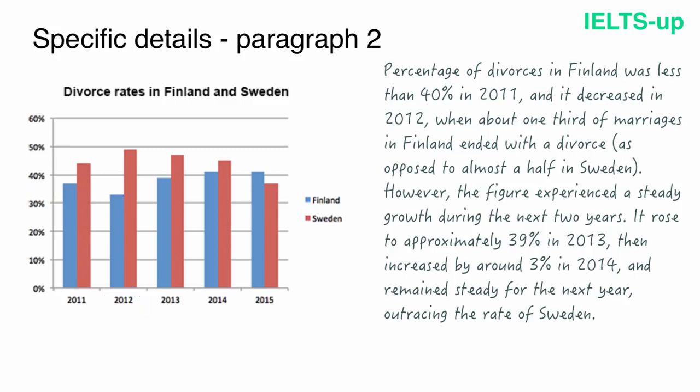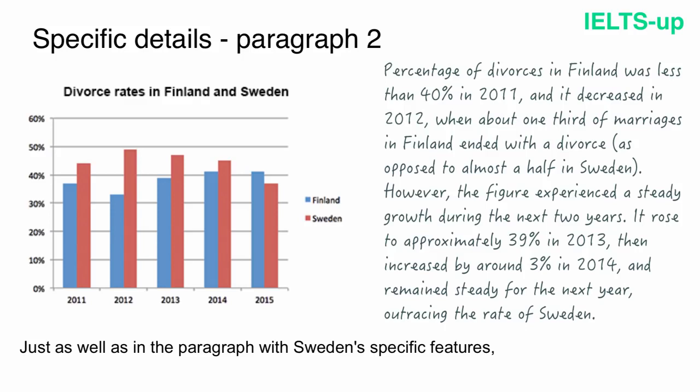However, the figure experienced a steady growth during the next 2 years. It rose to approximately 39% in 2013, then increased by around 3% in 2014, and remained steady for the next year, outracing the rate of Sweden."